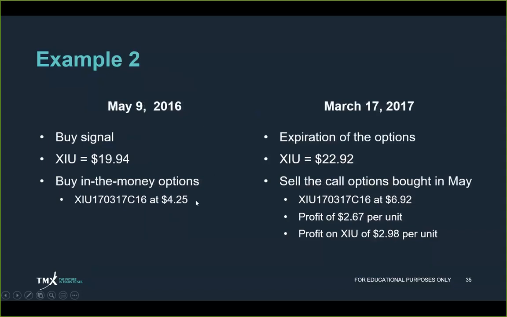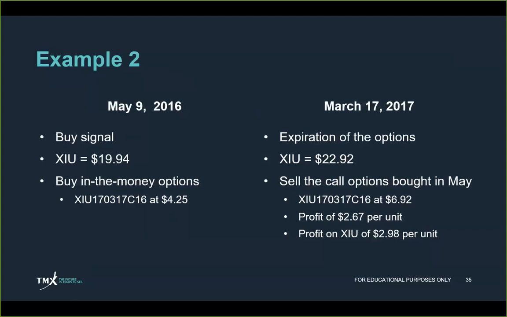All right, another example here, just simply buying a call option on May 9th. Shares are breaking above that resistance level, pushing above the moving averages. You're going to buy the in-the-money call at $4.25. And again, technically, the shares now on March 17th are suggesting that you're hitting a resistance level. They've jumped to $22.92.